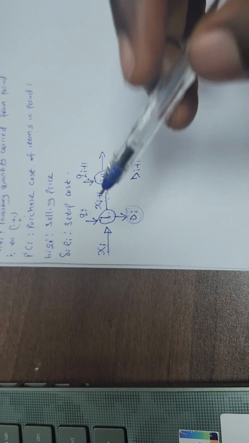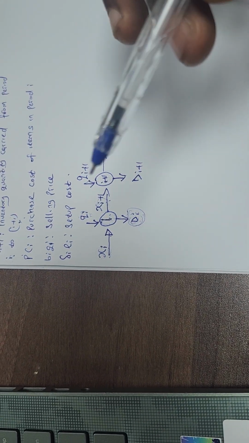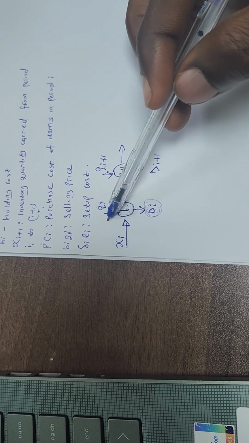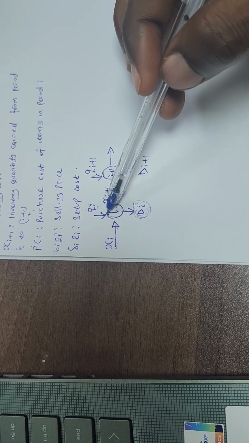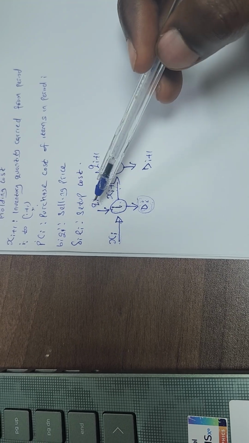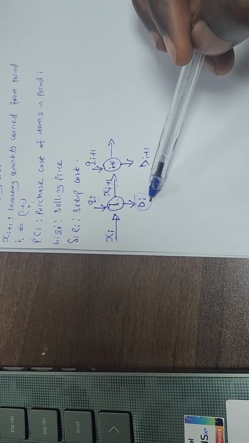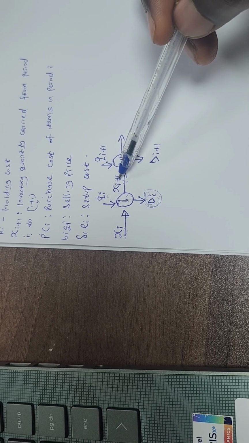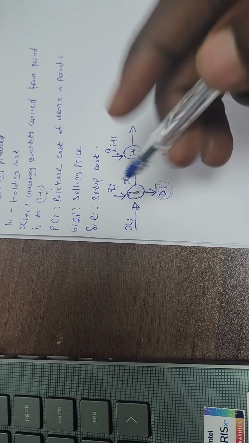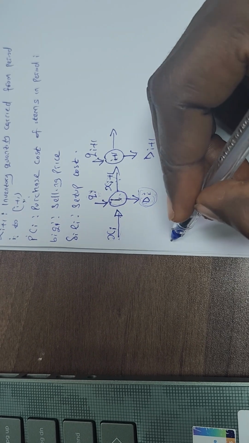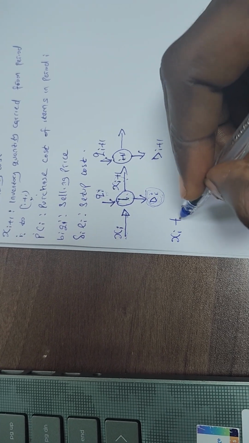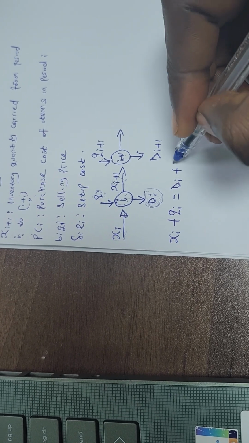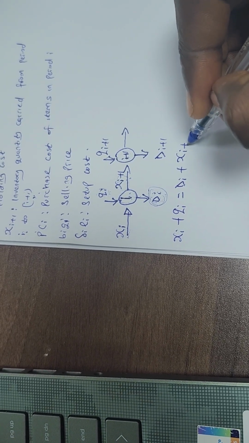So to represent this mathematically, the inventory that I started with plus the one I produced should be equal to the demand that I met plus the one that is left. So XI plus QI should be equal to DI plus XI plus 1.